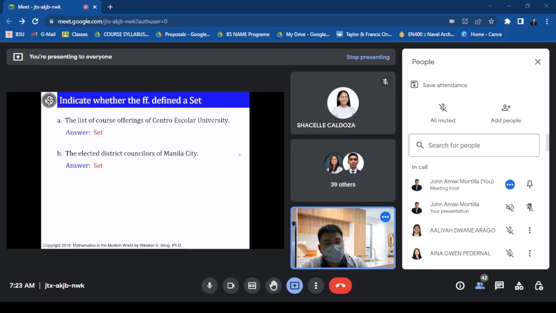For the elected district councilors of Manila City, what you put in are the names of each district councilor. Okay, so we have letter C, the collection of intelligent monkeys in Manila Zoo. Is it a set or not a set?